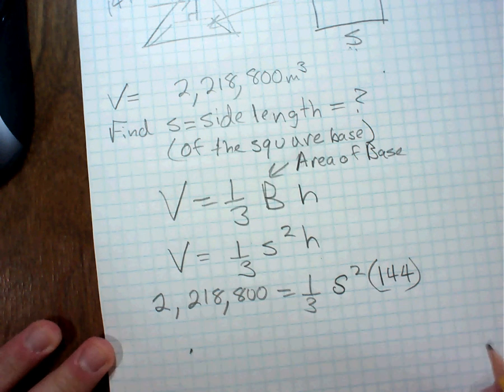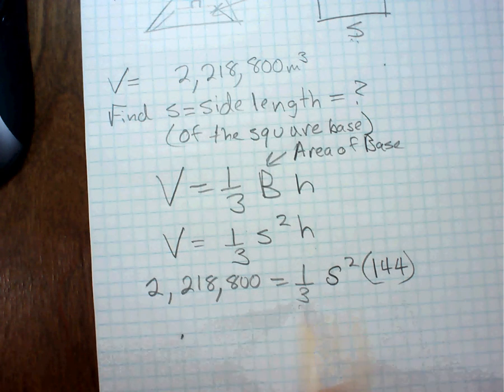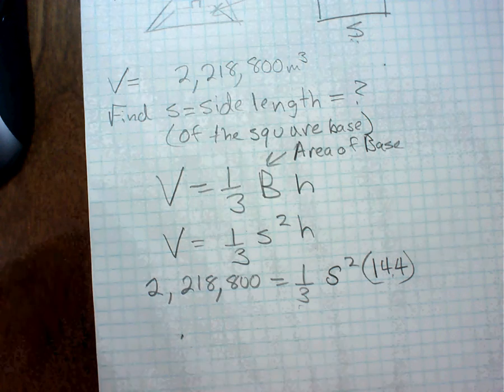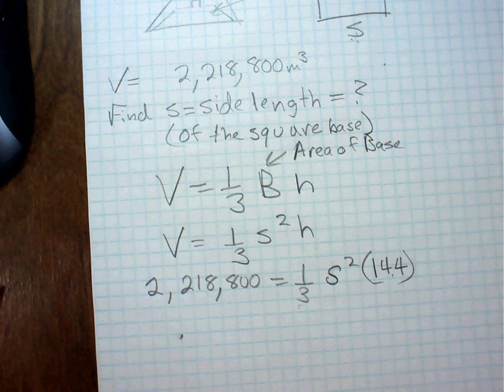Okay, so there's a couple ways we could do this. First thing I want to do is get rid of these numbers, and so I can multiply 1/3 times 144, and let me pull up my little calculator. 144 divided by 3 is 48.